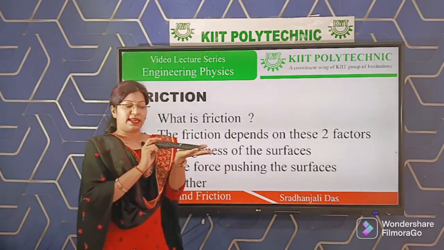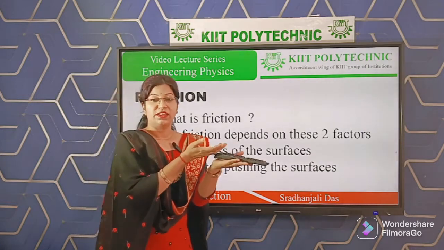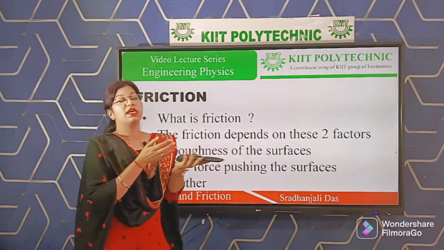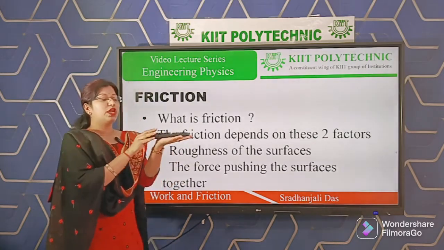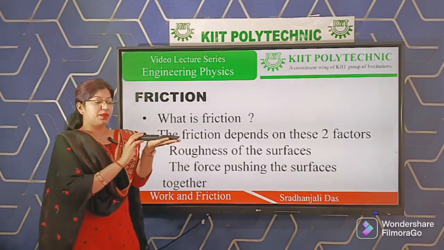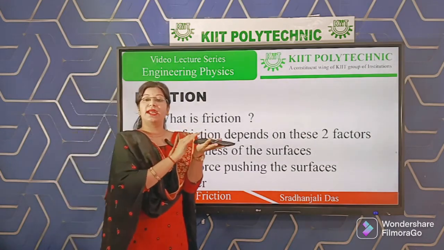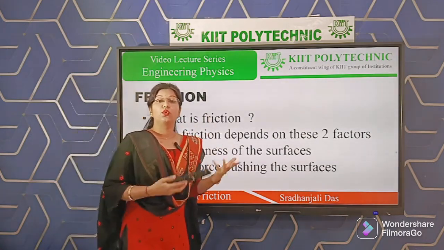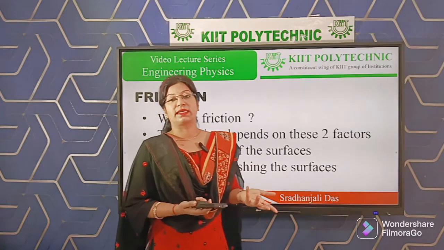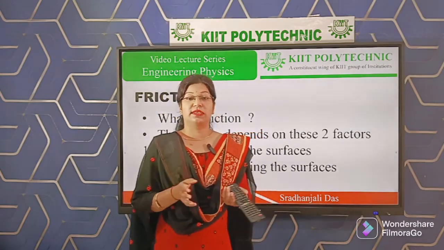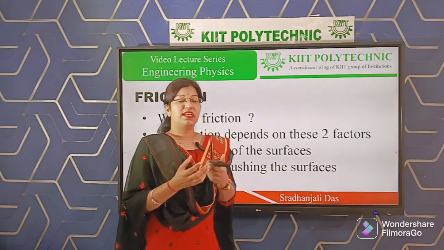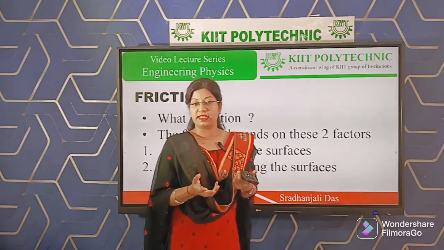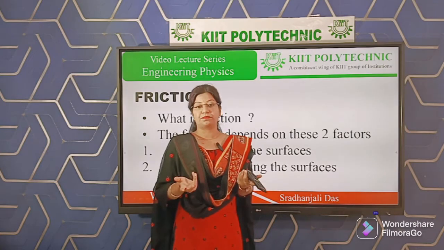That means the direction of the applied force and the direction of the frictional force are always opposite. Since one body moves over another surface, it obviously depends upon the nature of the two surfaces in contact. If the two surfaces are smooth, the friction is very less, and if there is roughness between the two surfaces, the friction is high.